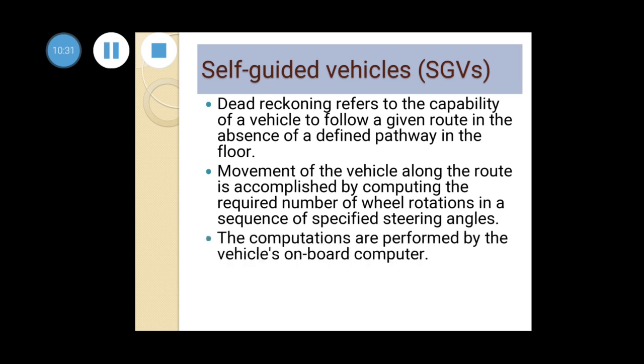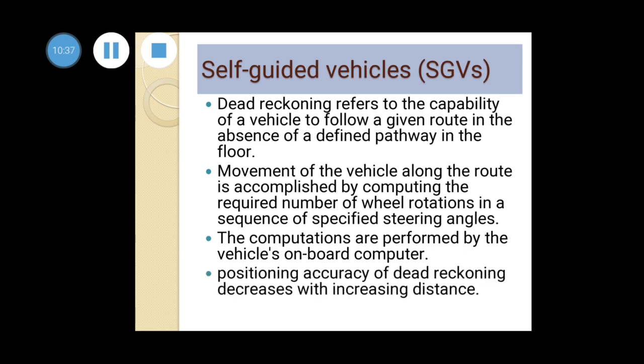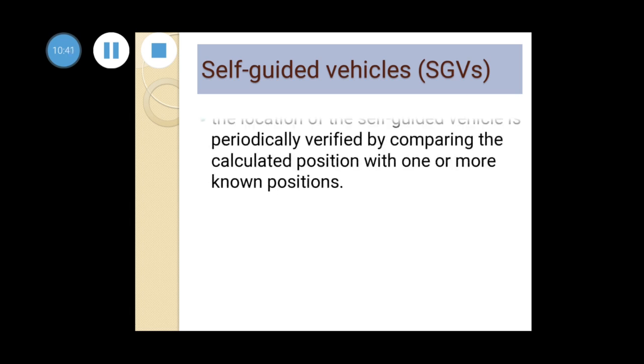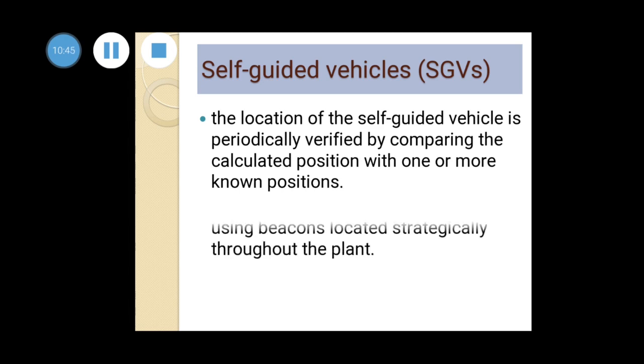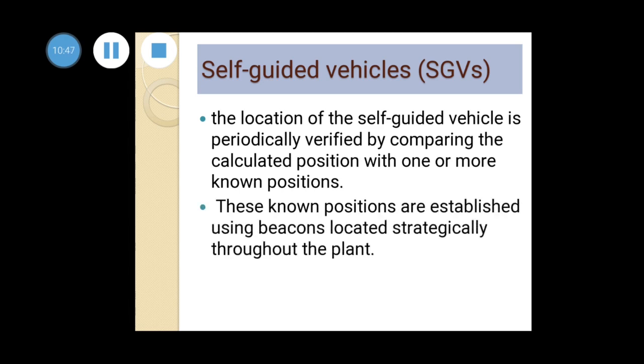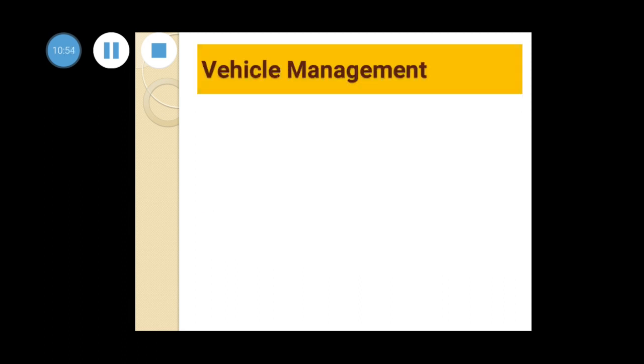The computations are performed by the vehicle and the computer on board it. Positioning accuracy of dead reckoning decreases with increasing distance. The location of a self-guided vehicle is periodically verified by comparing the calculated position with one or more known positions. These known positions are established using beacons located strategically throughout the plant.